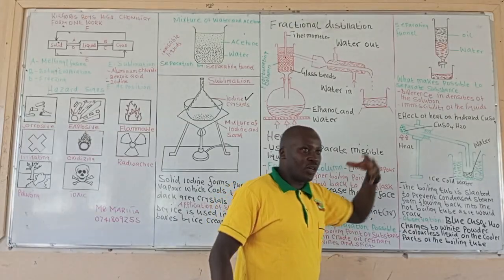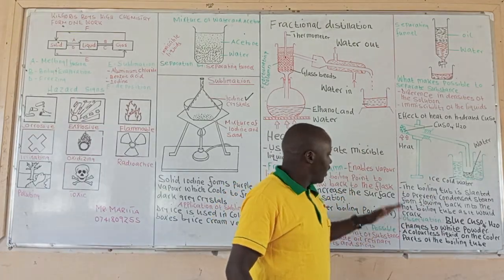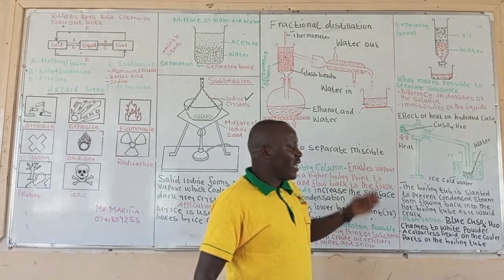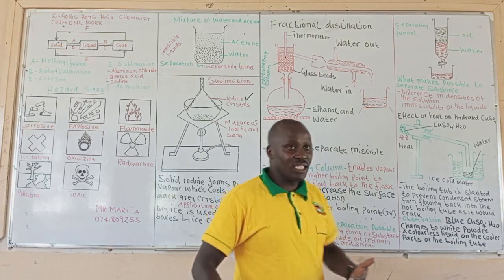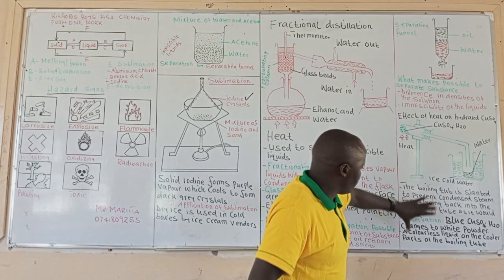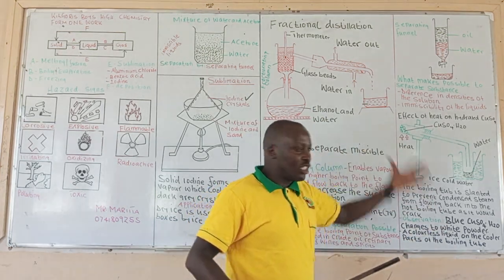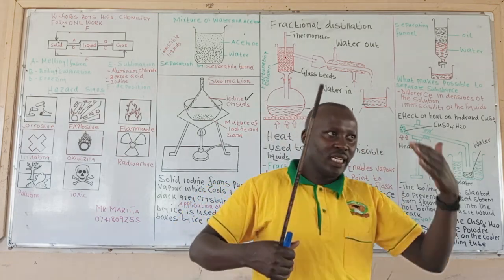The observation you can make here is that the blue copper-2 sulphate changes to a white powder, and you have a colorless liquid on the cooler parts of the test tube. That is the observation, and the reason why the test tube is slanted downward.